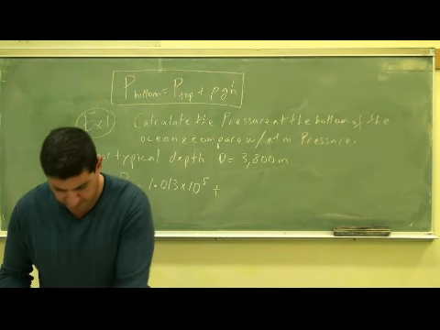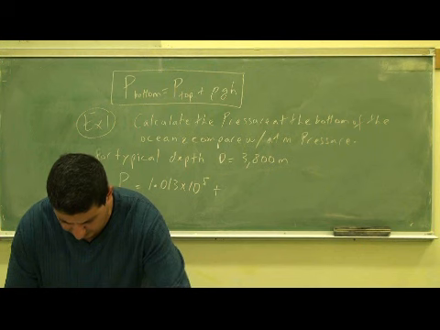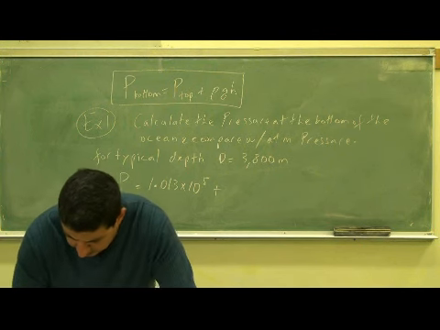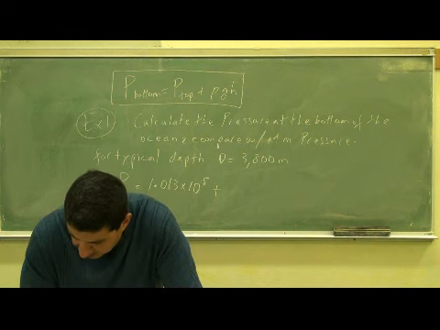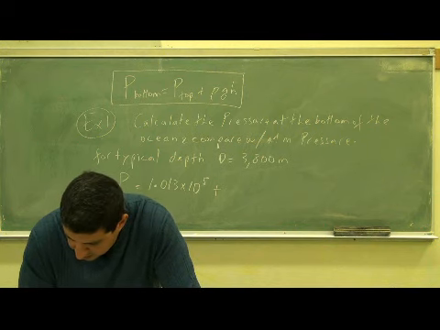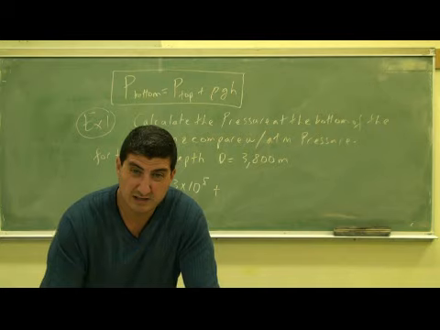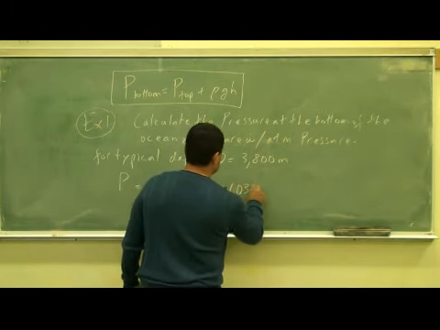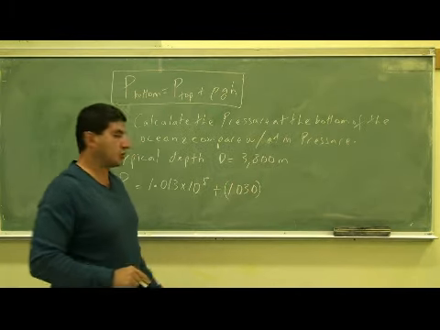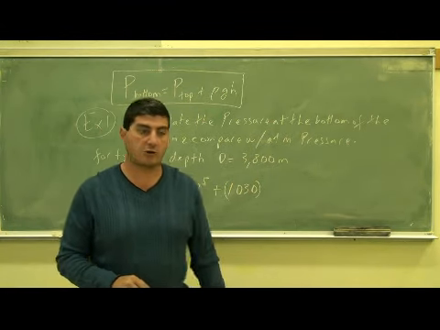Based on last week, seawater was 1,030 kilograms per meter cubed, whereas regular freshwater would be 1,000.